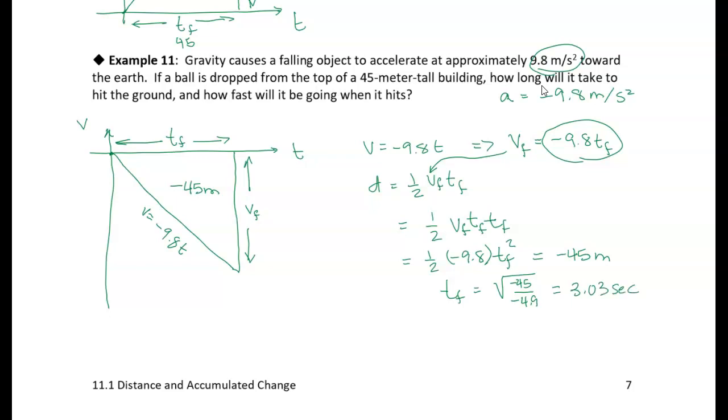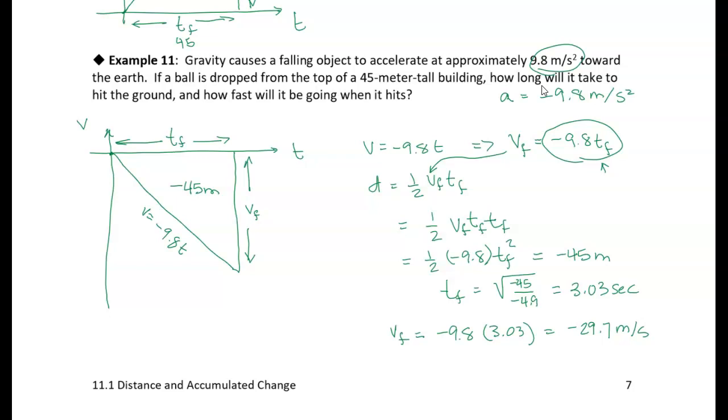All right, so that answers one part of the question: how long will it take to hit the ground? Now I want to figure out what the final velocity is. And all I have to do is go back up to this equation here. So v final is equal to negative 9.8 times the time it took, and that's equal to negative 29.7 meters per second.